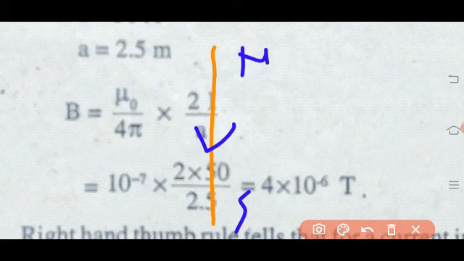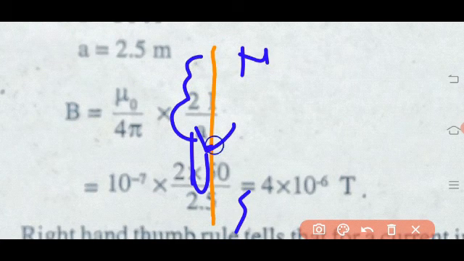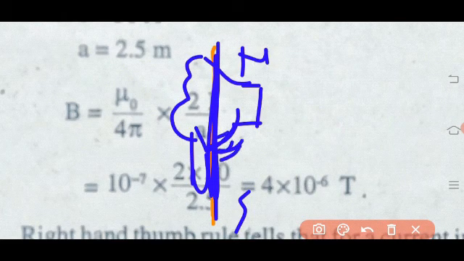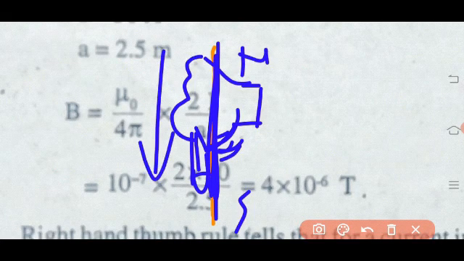If you remember the right hand thumb rule, I will draw the right hand thumb. If you hold the current carrying wire in this manner, your thumb shows the direction of the current, that is from north to south.